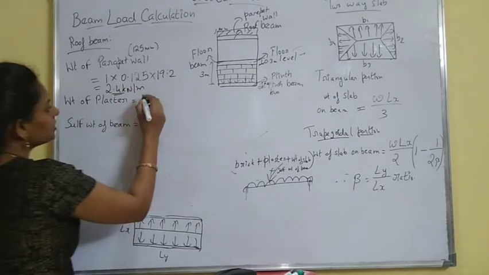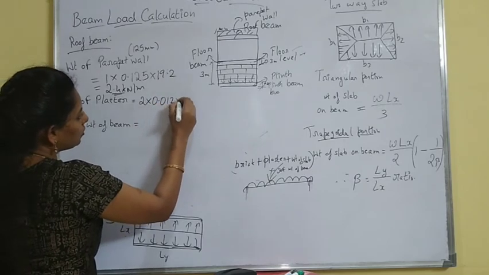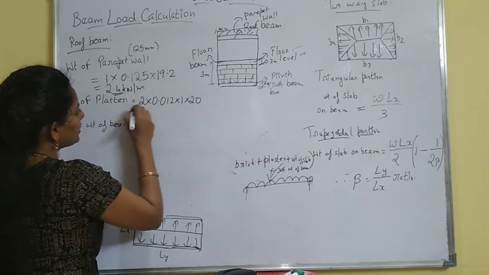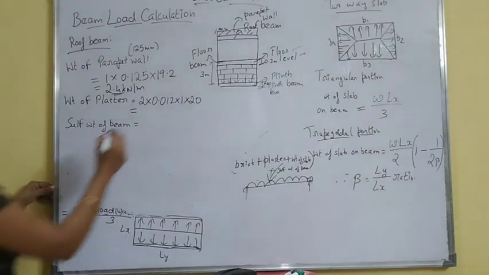Next, weight of plaster is the same: 2 into 0.012 into 1 meter, and density is 20. So it will be 0.48.